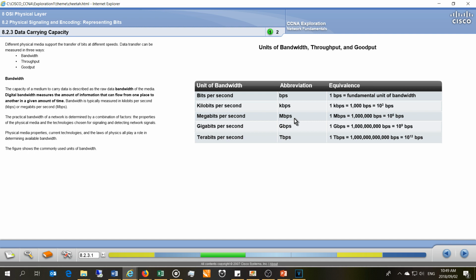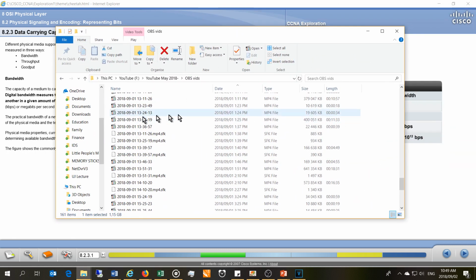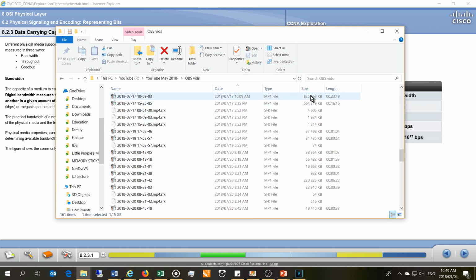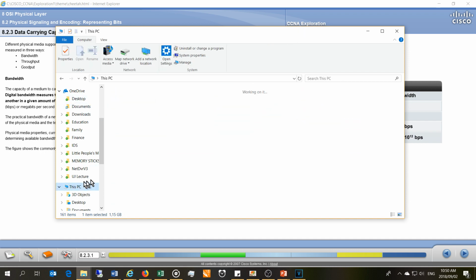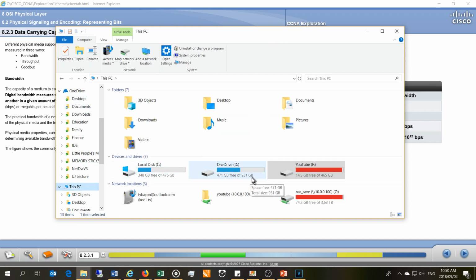When you look at your information here, I've got a little window here, and you can see the size. These are kilobytes, not kilobits. And if I go further down, we might find that some of these might be megabytes or even gigabytes. You can see there gigabytes, not bits.